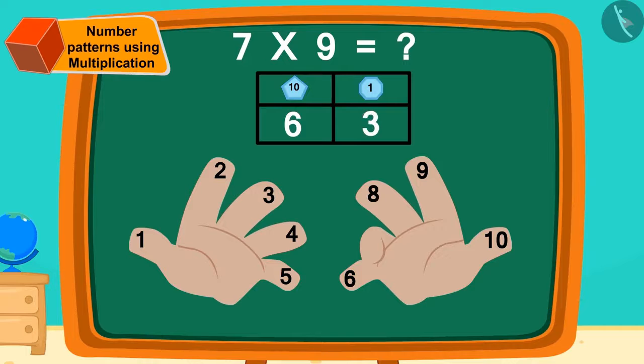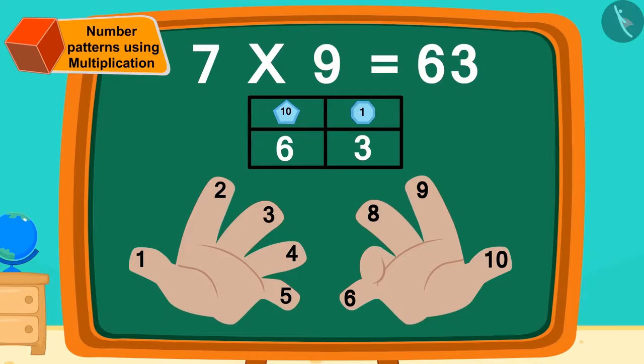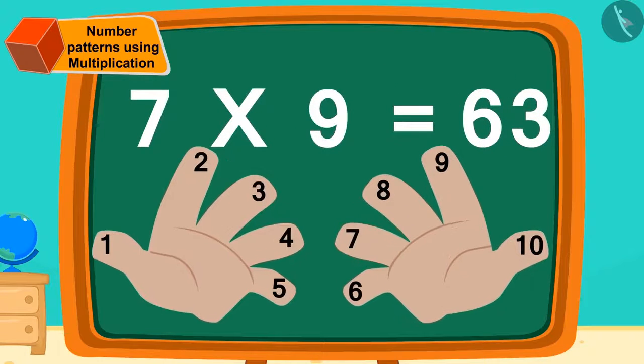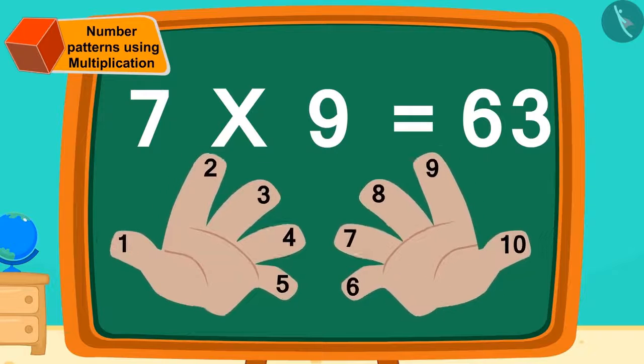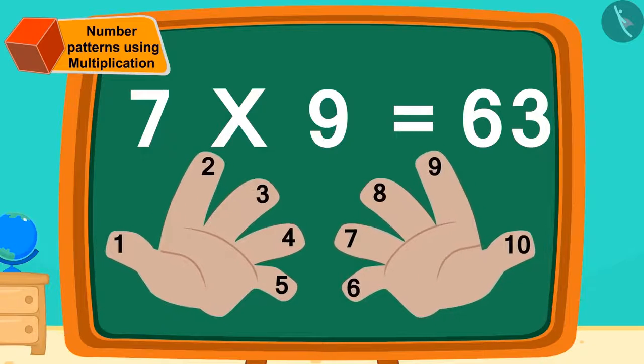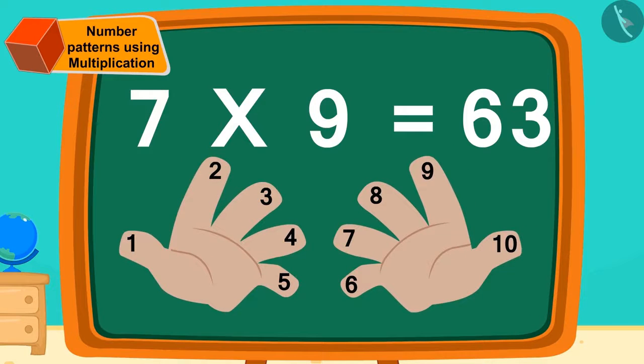We will write this in the ones digit place like this. We found our answer. 7 times 9 equals 63. In this easy way, we can quickly find any multiplication that falls in the 9's table. You can also try this method with your friends.